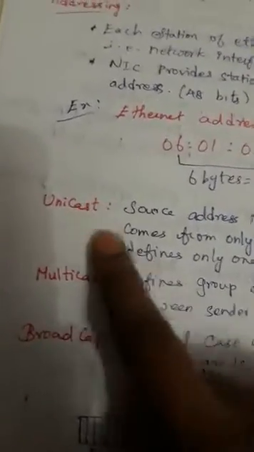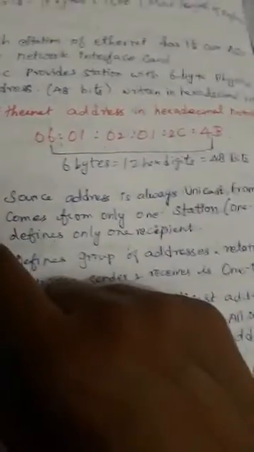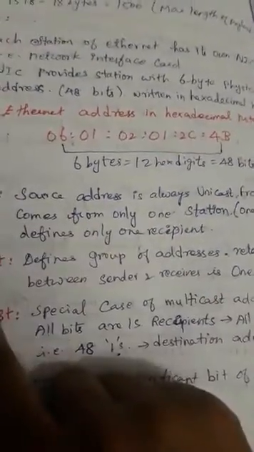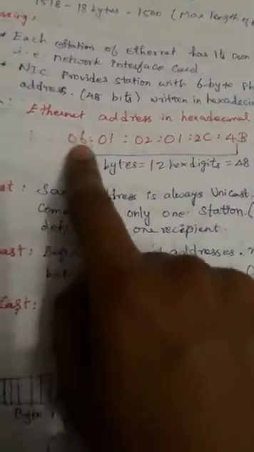Addressing: we have three types of addressing, unicast, multicast and broadcast. The source address is always unicast if it comes from only one station, that is a one-to-one relationship, one station and one recipient.